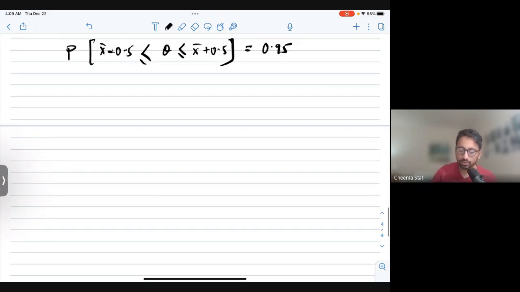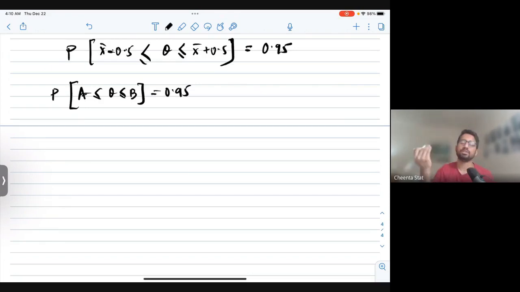So essentially, we are trying to find an a comma b, where a and b are functions of the data, such that a less than or equal to theta less than or equal to b has probability 0.95. But there is another catch again. This is what the definition of a confidence interval means, but this doesn't make sense sometimes. Why? Because theta is not a random variable.